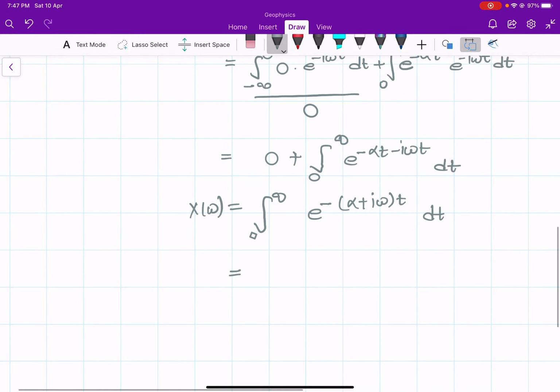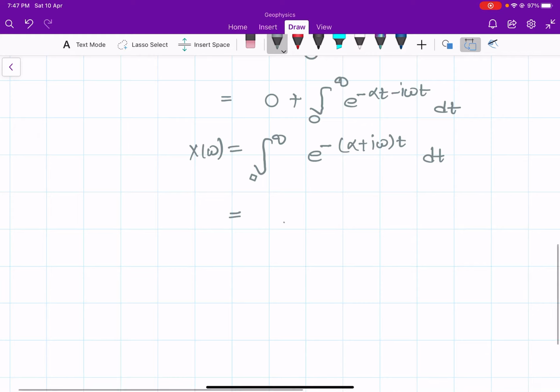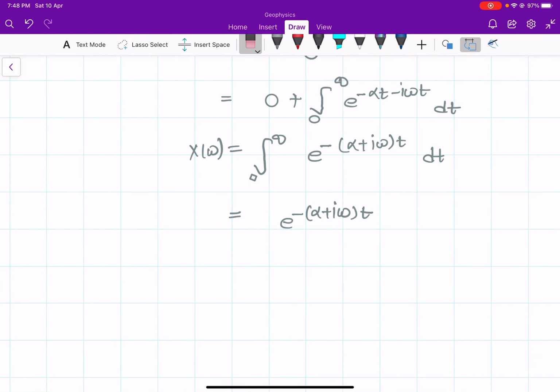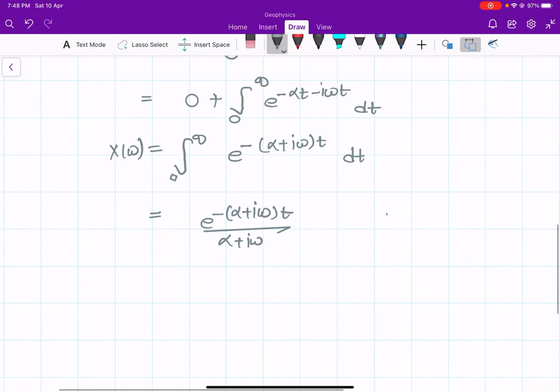After integrating we will get e^(-(α + iω)t) divided by -(α + iω), because as you know, if we integrate e^(-at) dt, it will give e^(-at) over -a.